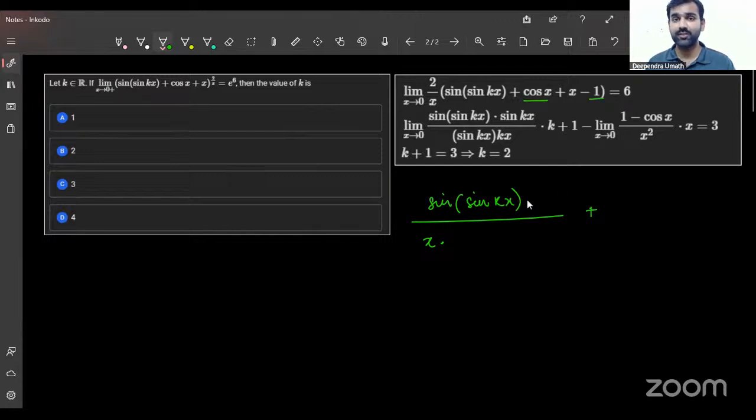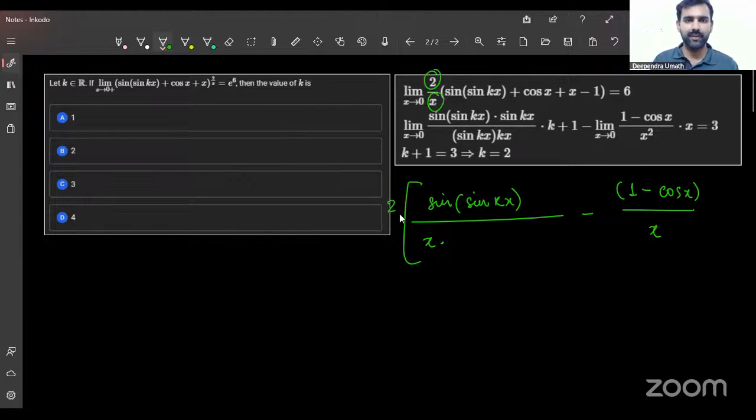So when I take these two together, I put a negative sign here and I'll write it like this: 1 minus cos x, whole divided by x, because this 2 I am keeping outside, but x is being pushed inside. And this x upon x will give you 1. So you'll be left with plus 1 as well. So that is what I have received so far. I hope you're comfortable with that.